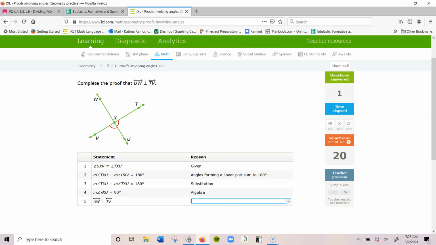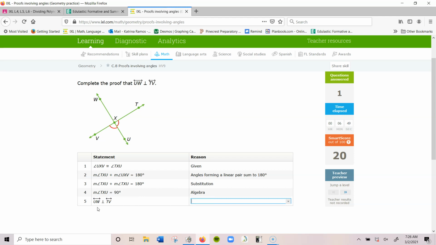Now what they've done here is substitute angle UXV with angle TXU twice, since they would be congruent. Therefore, the measure of angle TXU is equal to 90 degrees.